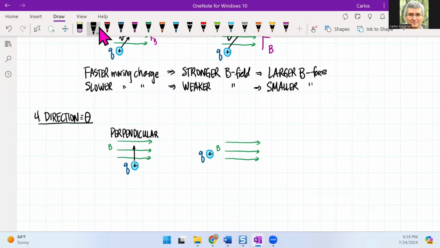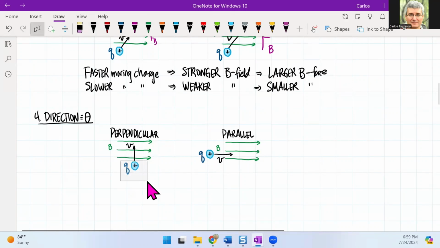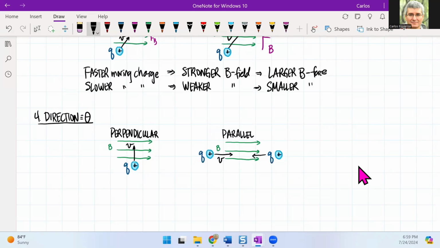Then the other possibility is that I can have a velocity that's parallel to the field. We have to be careful when we say parallel because it really means parallel and anti-parallel. If I take this and move it over here, I can also have a charge that's moving against the field.